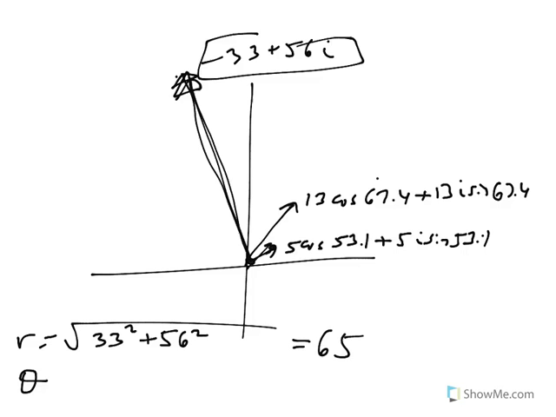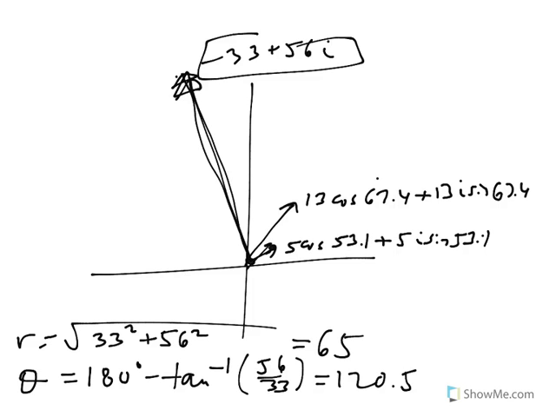For the theta, because negative 33 plus 56i is in quadrant 2, it would be 180 minus tan inverse. Remember, again, don't use the negative signs at all. Just say 56 over 33. And you get 120.5.